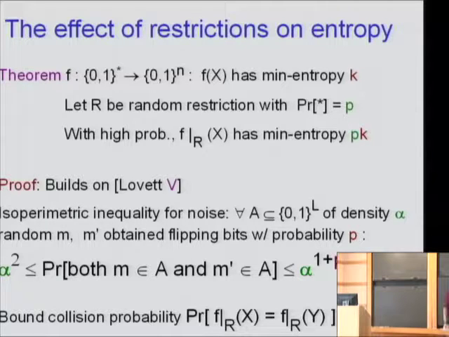Because basically f restricted to R: the bits in M which I don't flip are those which are not star in the restriction, and the other ones are independent. So that's how this is proved.